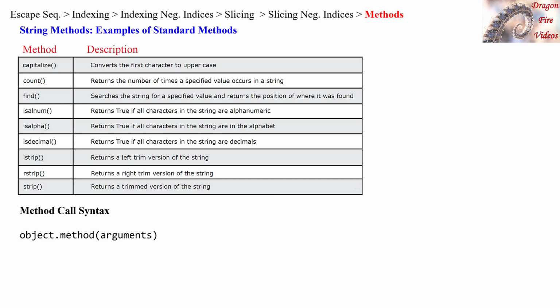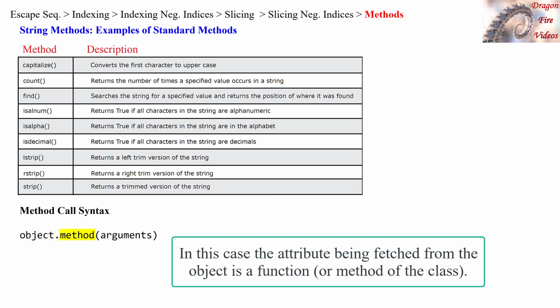Nonetheless, here are some examples of some common string methods, and we'll run through many of these in the next example. So how do we call the method from the object? Well, here's the syntax below. This part of it is the fetch. So when you see the object.method, that's actually saying fetch this attribute from the object.